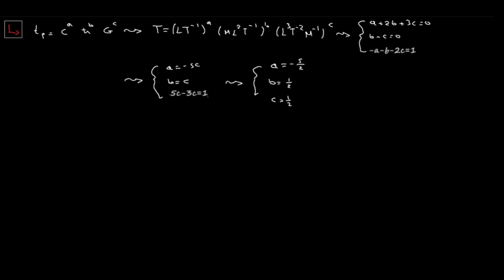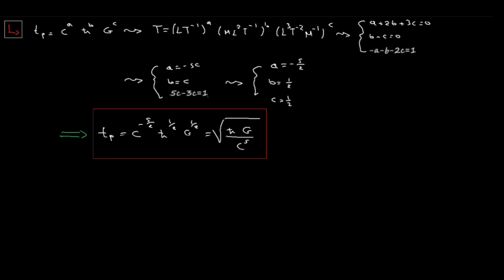Solving the equations, we find that a equals minus 5 over 2, and again that b is equal to c, which is equal to 1/2. The Planck time, therefore, will equal the square root of h bar times G divided by c to the power of 5.